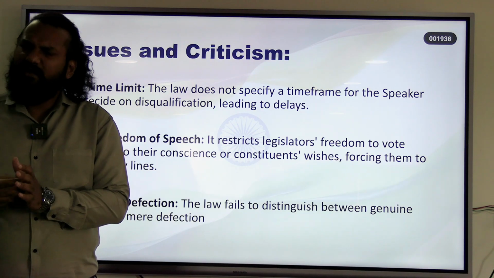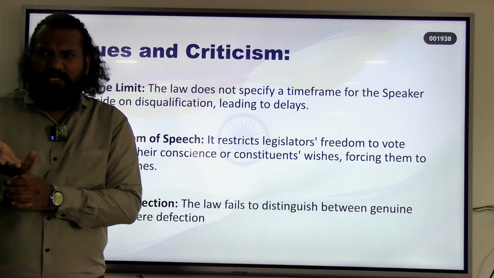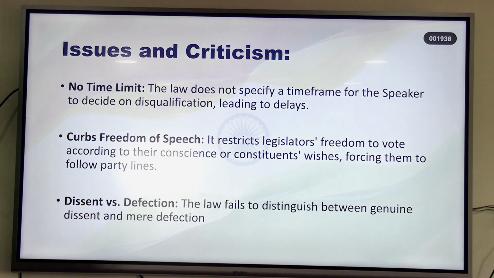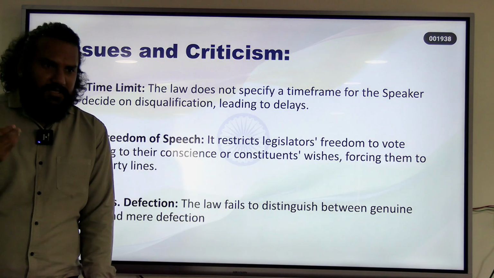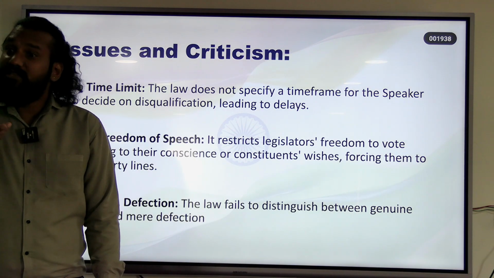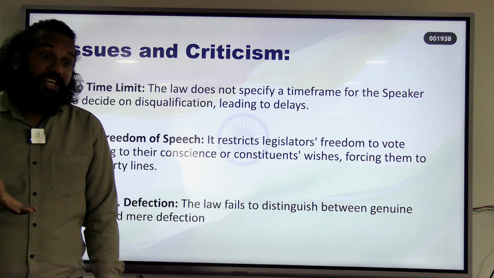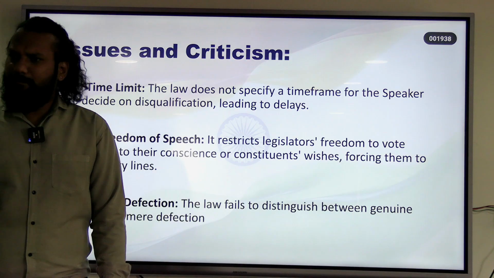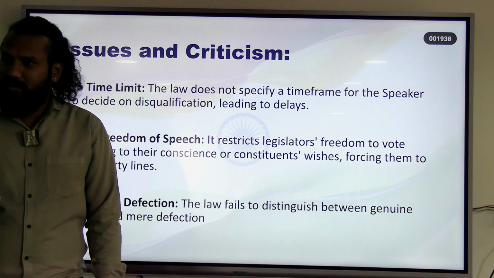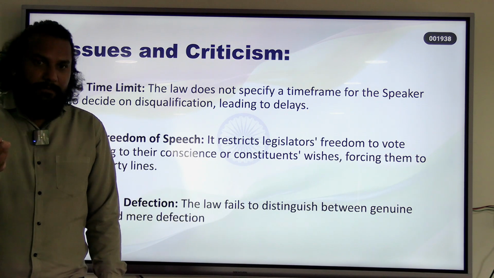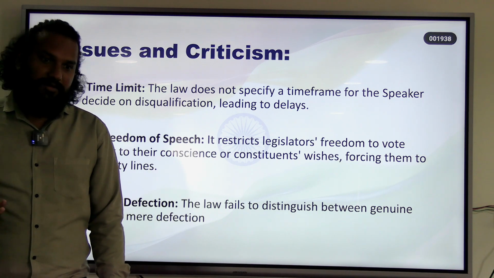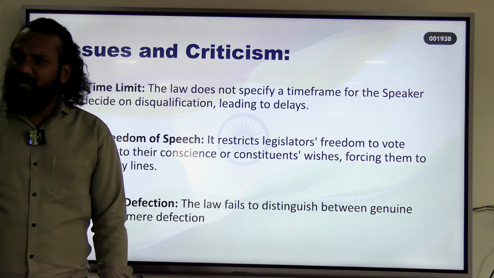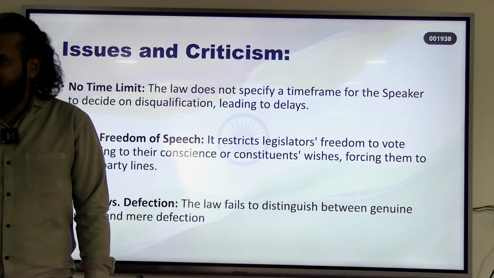Simple. Dissent is nothing but not agreeing. So there is a possibility that a particular legislator does not agree with the instruction given by the political party. For example, a Lok Sabha MP wants to say yes to the bill, but his party has said no. So here it doesn't come under defection.